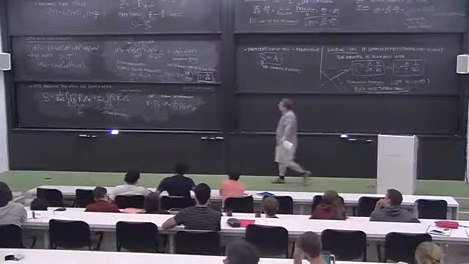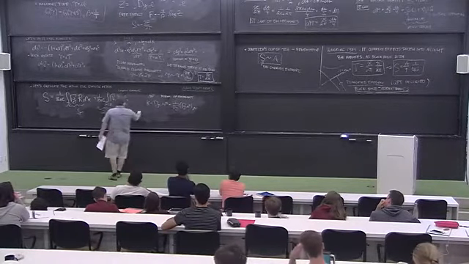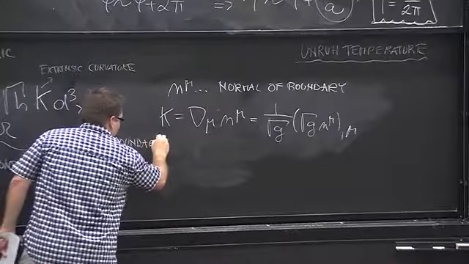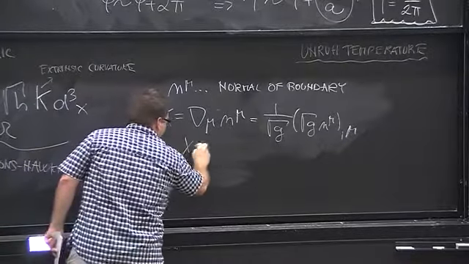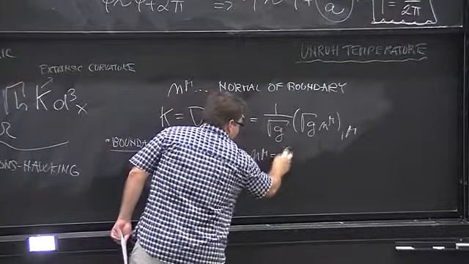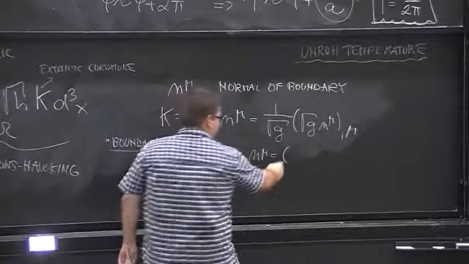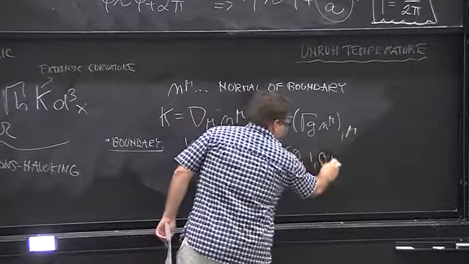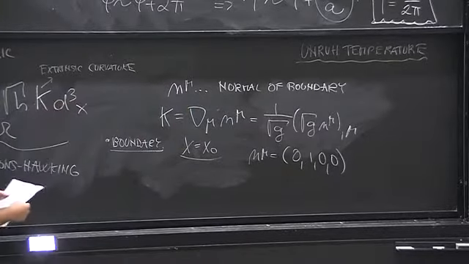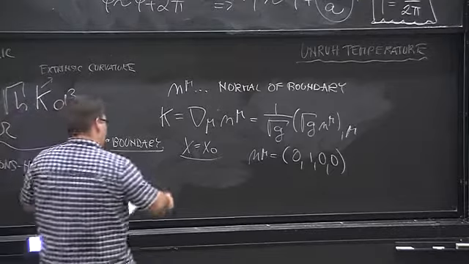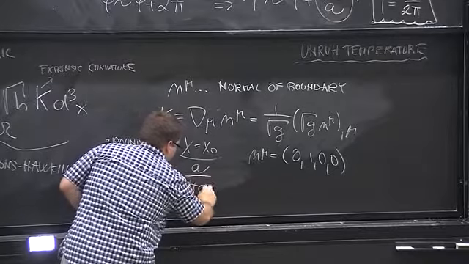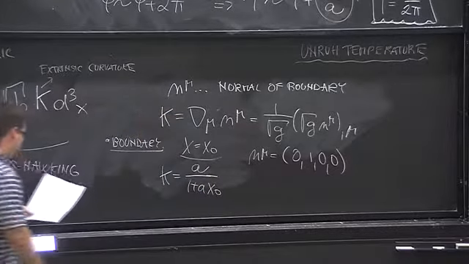So n mu. What we do is that we introduce the boundary. Let's say we place the boundary, we say it will be at x equal to x0. Then the corresponding normal is just perpendicular to that boundary, so it will have 1, 0, 0, 0 component. I can calculate this k, and the k turns out to be just a over 1 plus a x0.